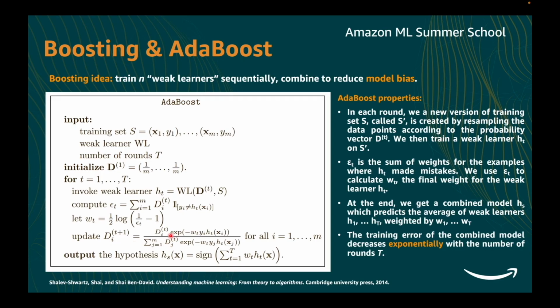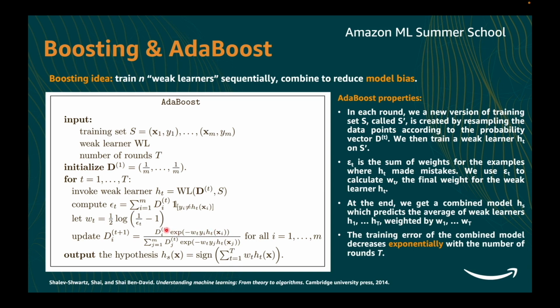You take the exponential of the negative of this weight, and you take the prediction and multiply that with the true label. Over here the labels are +1 and -1, so it'll give you either +1 or -1. It'll give you +1 if the prediction is correct and -1 if the prediction is incorrect.